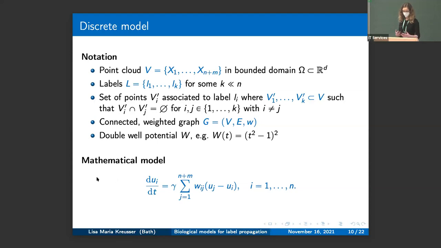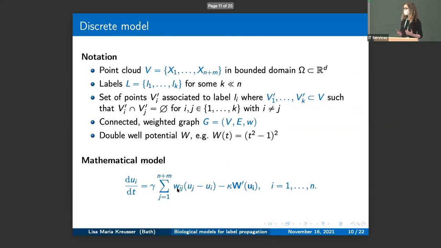Then we write down the mathematical model as given over here. This is basically also what has been done in those biological applications, where we consider du_i/dt equal to gamma times the sum over all possible interactions which can take place.